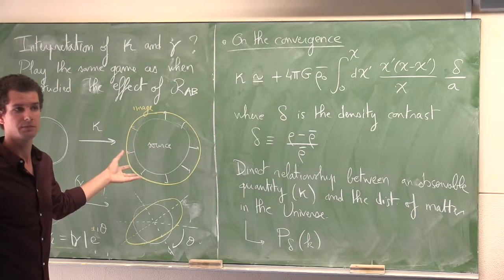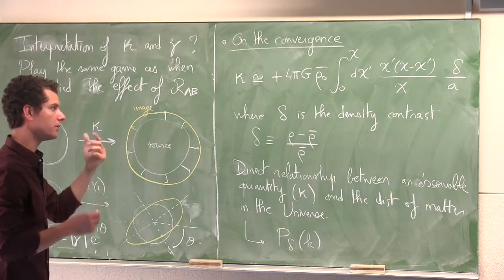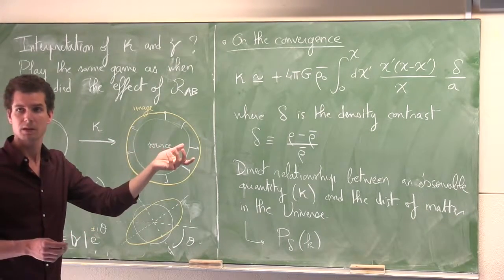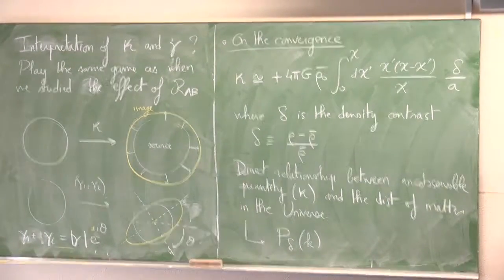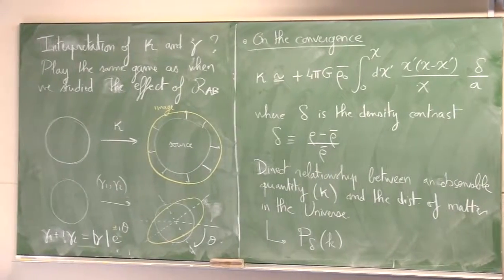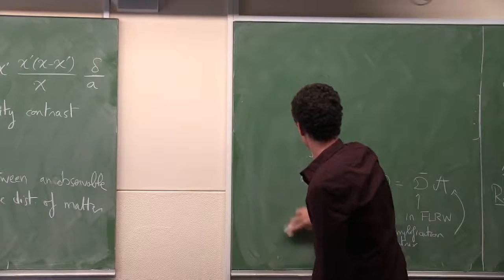To measure kappa, you need to observe objects, but you also need to know their sizes. So that's why people in weak lensing are not measuring the convergence directly, because it's roughly impossible. Well, there are some tricks, but it's very hard.